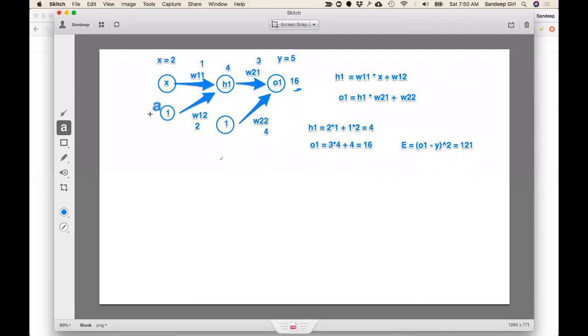How do we find that out? Pretty simple. First of all, we want to find out how the error is impacted by the output. So we say dE by dO1. How much is that?